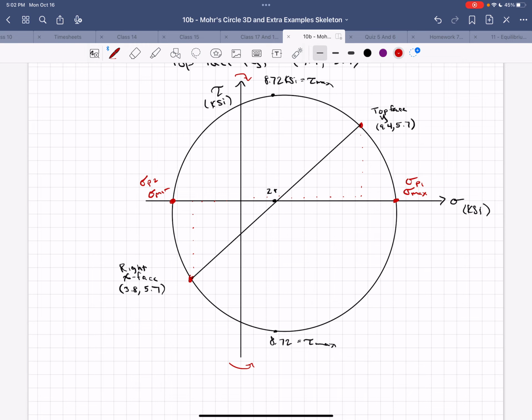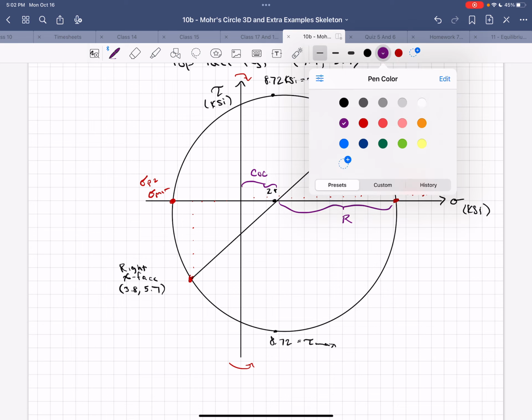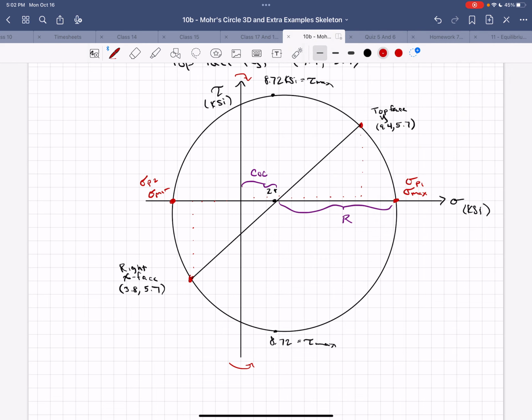But we figured out how to do that because this distance is the center of the circle, and this distance is the radius. So to calculate sigma P1, it's going to be the center plus r, and to calculate sigma P2, it's going to be the center of the circle minus the radius.